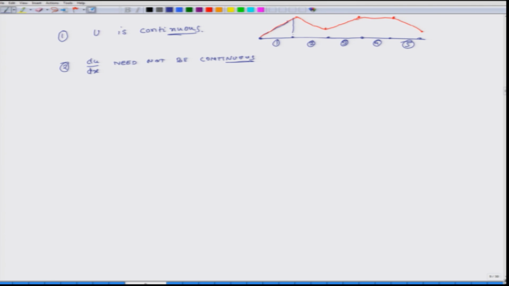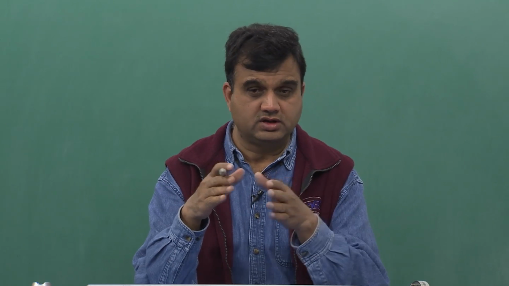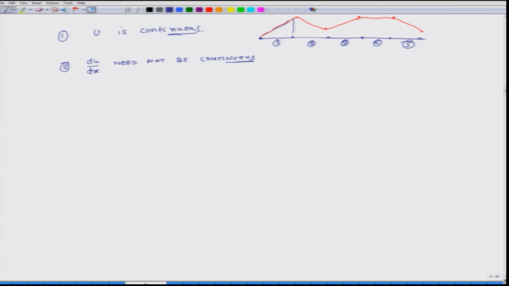Because when we were doing the assembly process, we never said that du over dx is the same. So, for a linear element, du over dx will be constant over one element. It may have a different constant value over another element. It will be like this for linear elements.